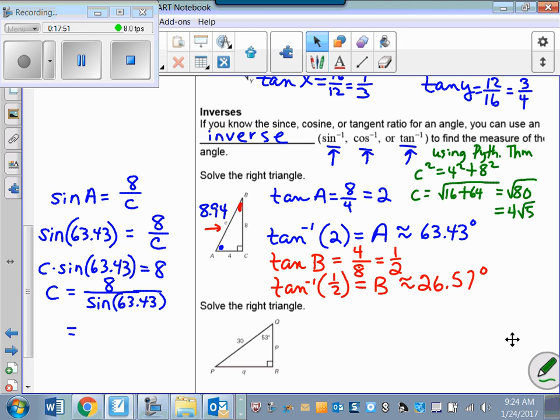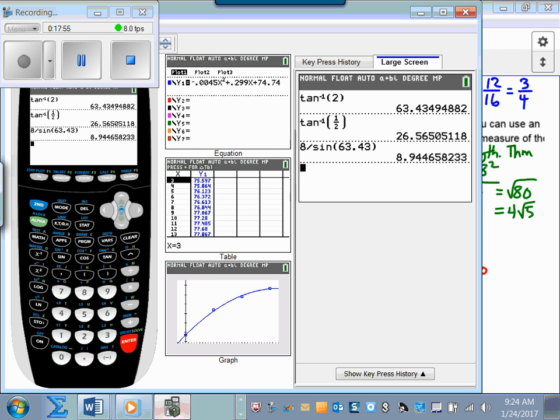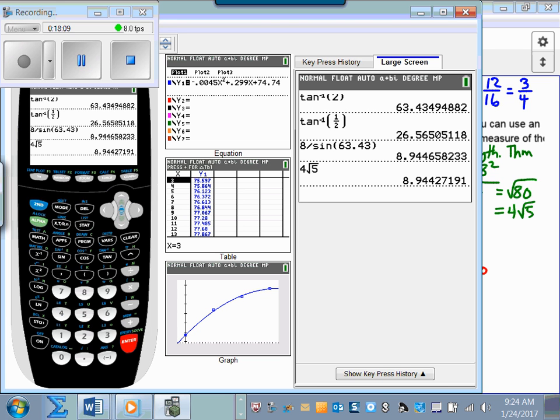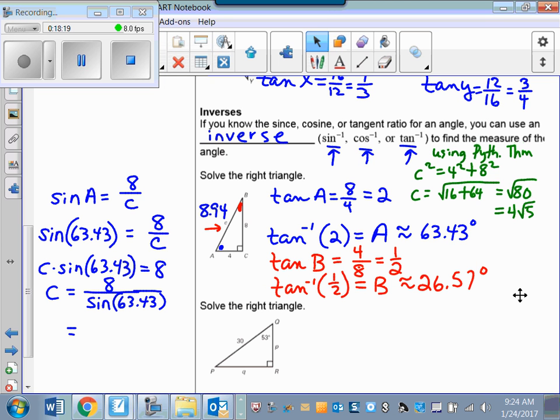Let's go check with our calculator and see how close we got. Your square root button is right above x squared. Second x squared, 4 times the square root of 5. Enter. And I got very close, right? A little bit of error because I rounded that angle measure, but very close, about 8.944.